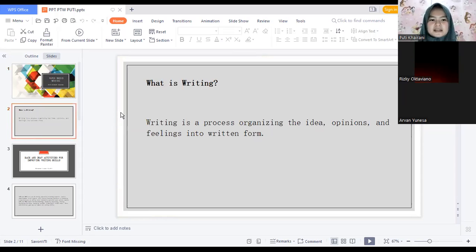What is writing? Writing is a process of organizing ideas, opinions, and feelings into written form.